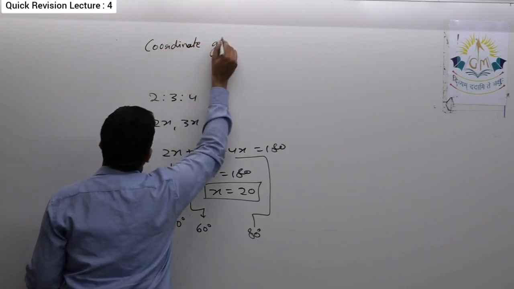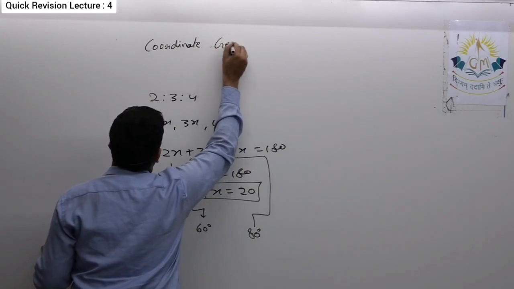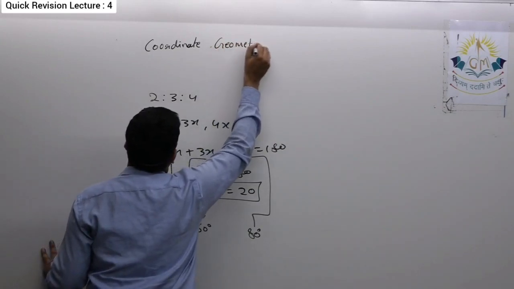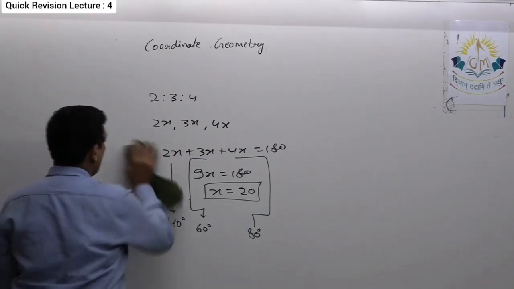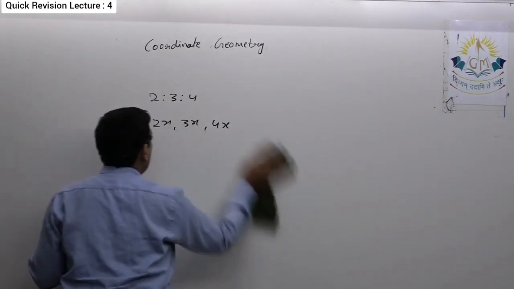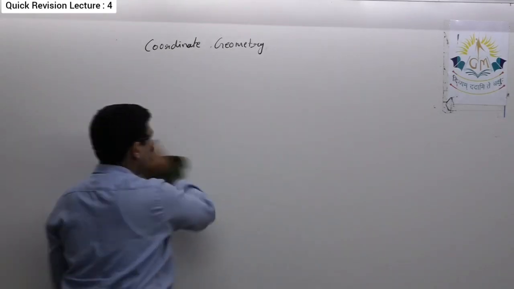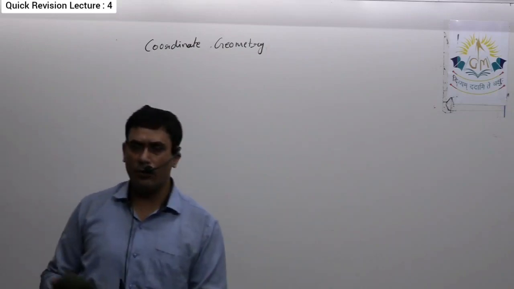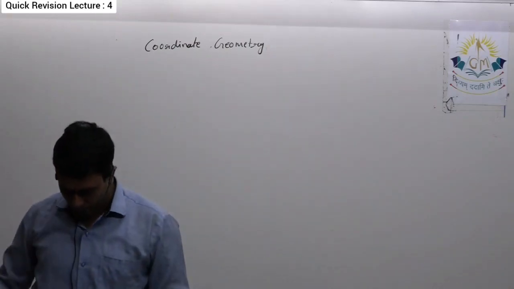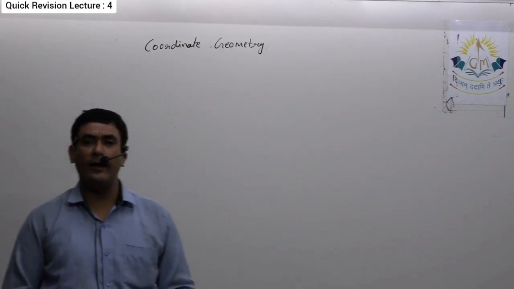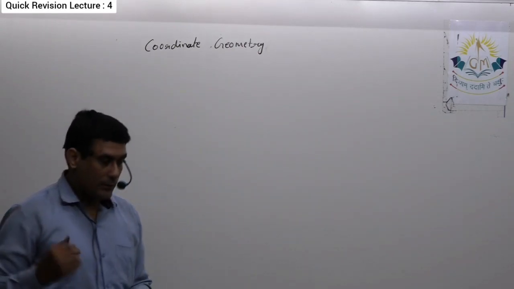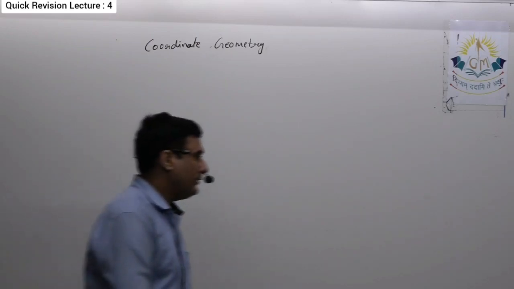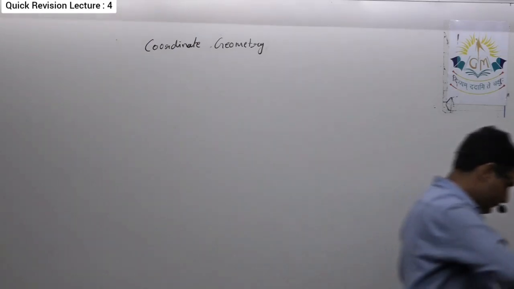So next we'll start coordinate geometry. In coordinate geometry we'll basically talk about the axes and the coordinates, the x coordinate and y coordinate. These x coordinate and y coordinate have some special names, so try to get those names, then we'll continue this chapter.